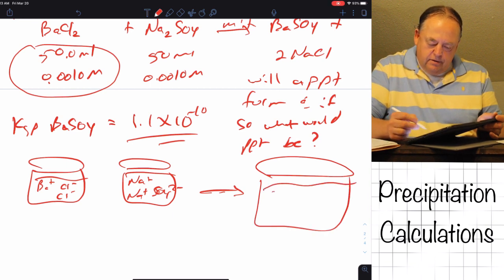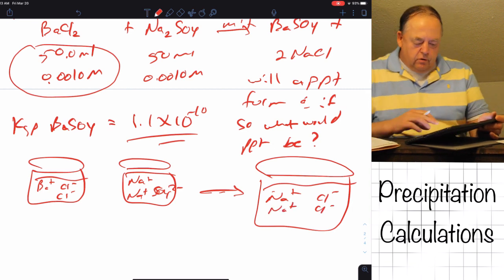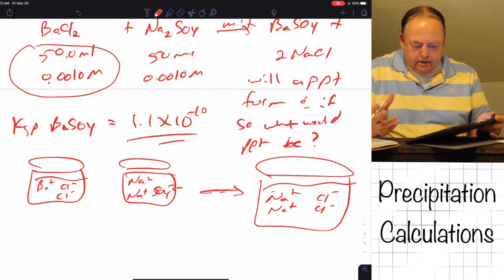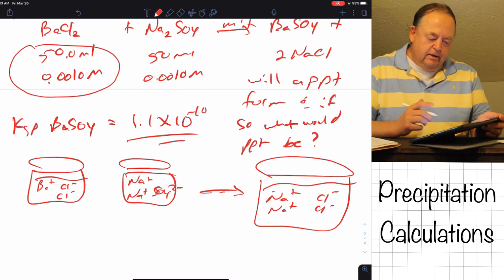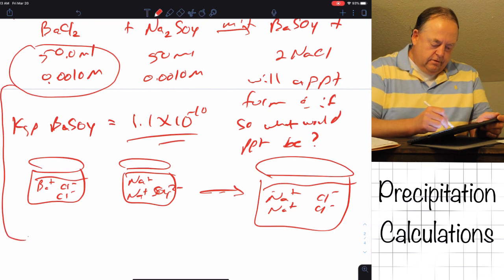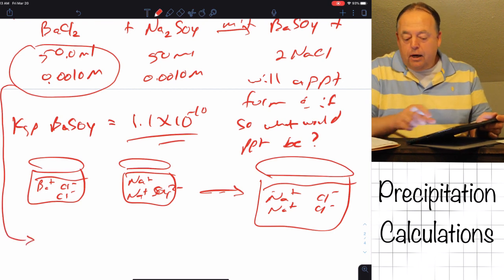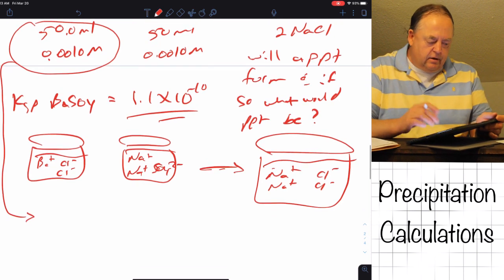Sodium chloride is going to stay dissolved in water, so nothing's going to happen to the sodium chloride. The question is, will the barium sulfate chemically combine to form a precipitate or not? So we need to calculate new concentrations when we mix these things together.